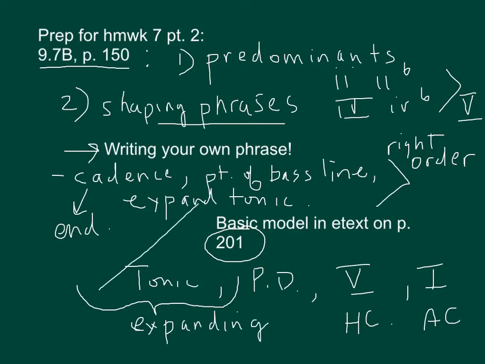It's worth taking a look at these 2 items in the homework, the expansion of the tonic and the baseline that's given by scale degrees, because those are things that might happen in the first part of the phrase. The instructions also tell you which of the predominants to use and what kind of cadence to end on. So let's go to the next slide and look at a sample.